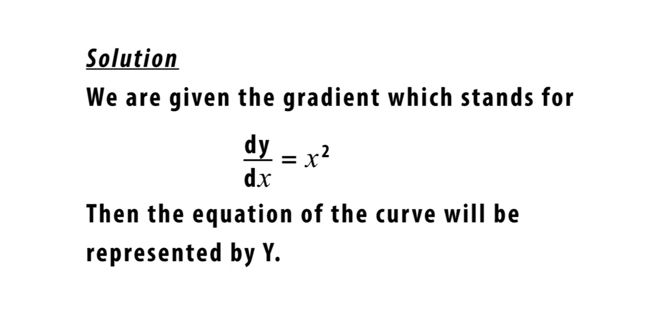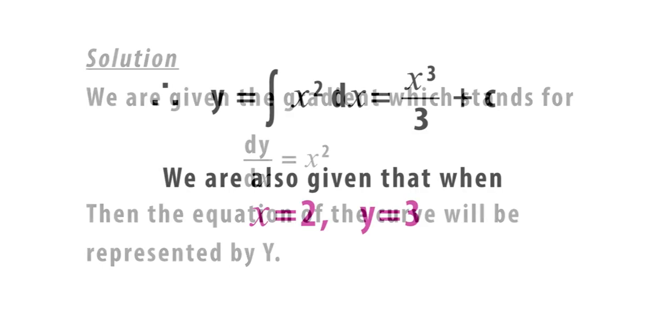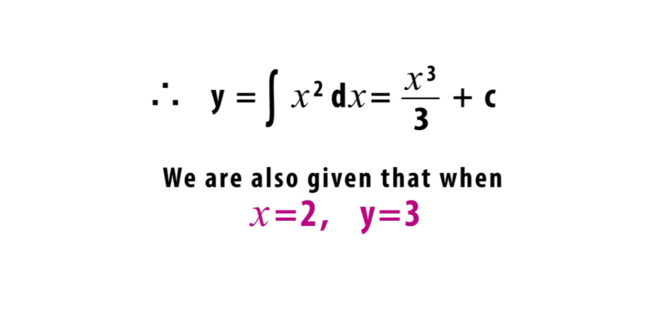The equation of the curve will be represented by y. Therefore, y is equal to the integral of x squared dx. y is equal to x cubed divided by 3 plus c, where c is the constant of integration.